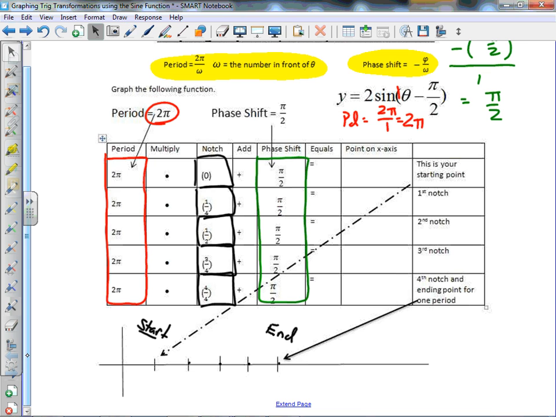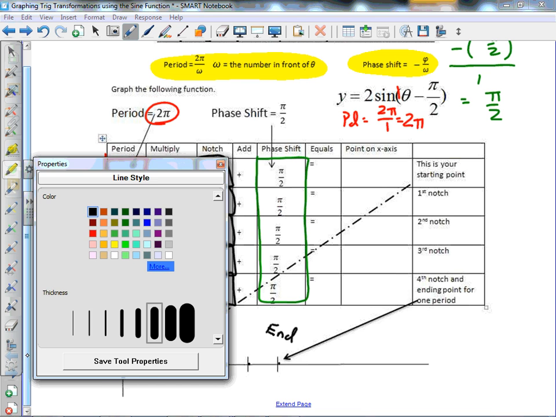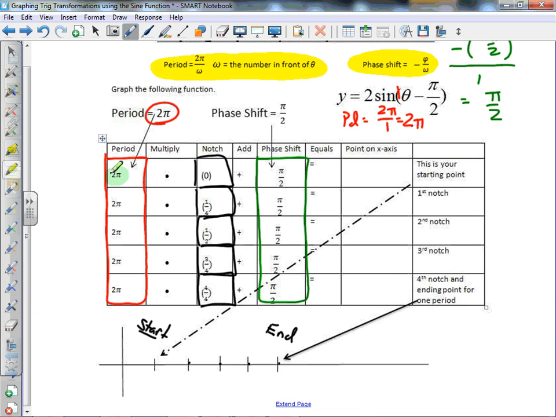Well, if we look at this, if we take 2 pi times 0, we're going to get 0 plus pi over 2 is just going to give us pi over 2. So that's going to be our first spot.